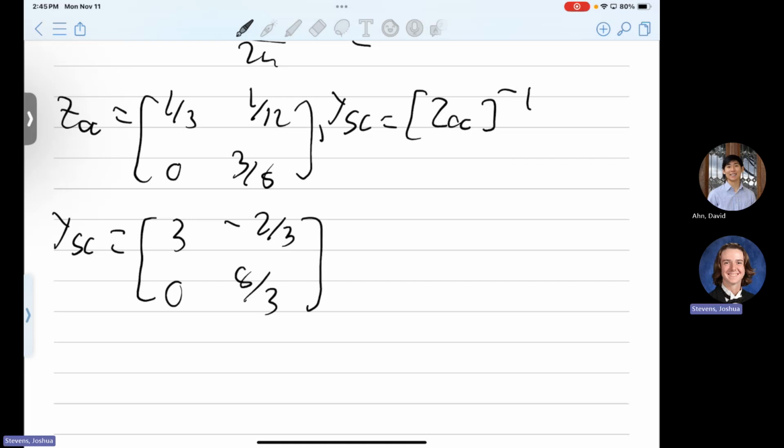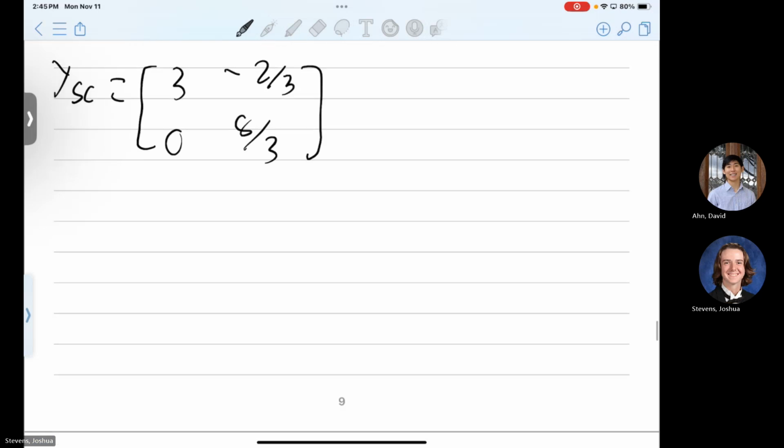So we have that. So it asks about the T models and stuff. I kind of didn't do that, but I can draw it from materials if you want me to. Yes, negative 2/3 for the top right.